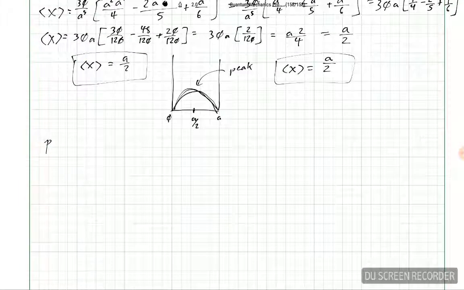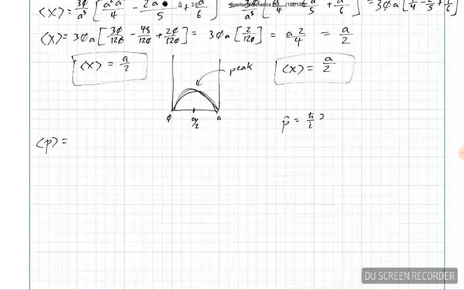Let's go ahead and get the expectation value for the momentum. If you forgot this formula, I can write it out quickly. So for our momentum, we do have to take a derivative. So we're using our operator definition of momentum, which is h bar over i del x.